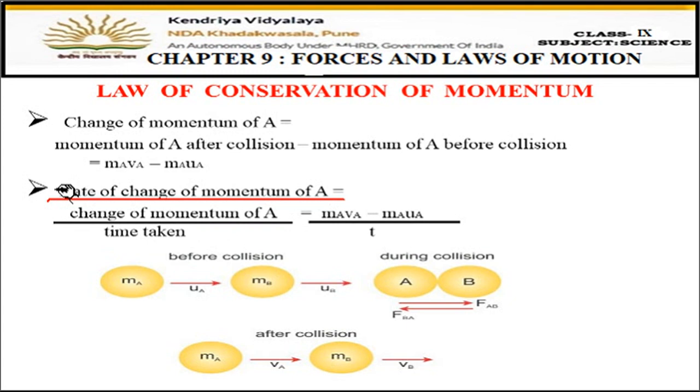I told you initially also that rate means change divided by time. So put the values now. Change of momentum of A will be mA vA minus mA uA, upon time taken, which is t, because the collision lasted for t seconds. So this is the rate of change of momentum in ball A.